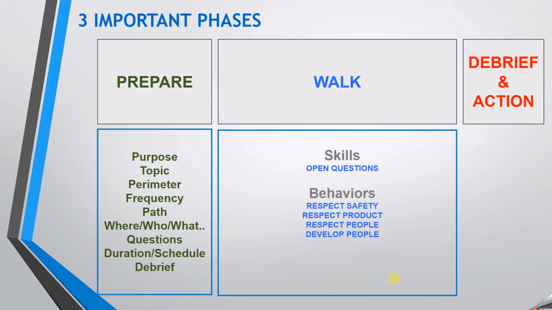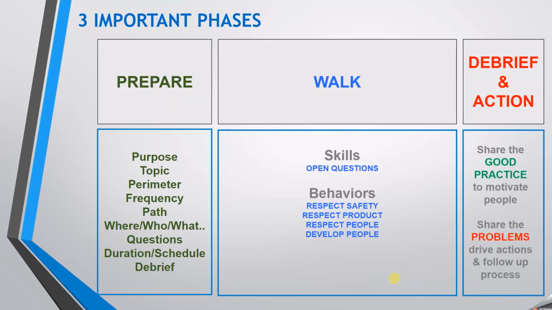The last phase is the debrief and action. After the Gemba Walk, you will debrief and share. First, share good practices you saw during the Gemba Walk in order to encourage people, and also spread the good practice in order to encourage copying and improve mindset.